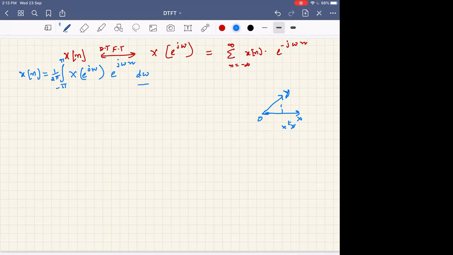For a particular n, we are trying to see the correlation of the exponential signal with varying frequencies with respect to x of e power j omega. This can also be considered as the projection of the complex exponential with the spectrum, x of e power j omega. Fine.